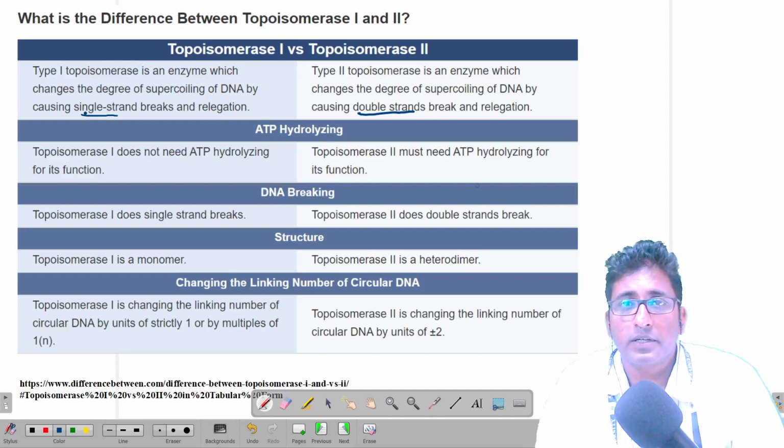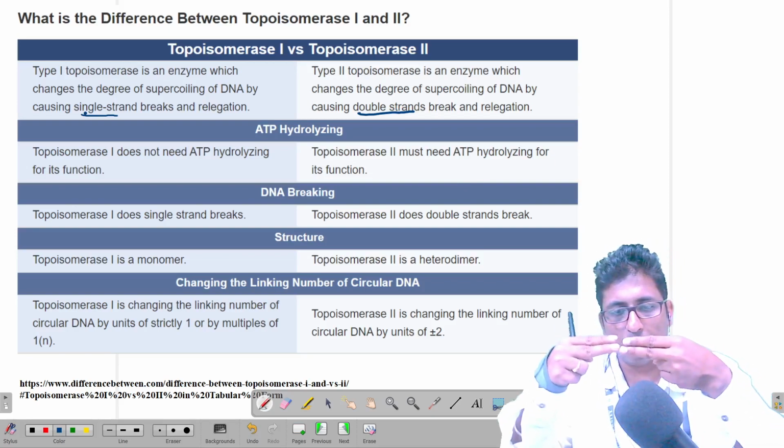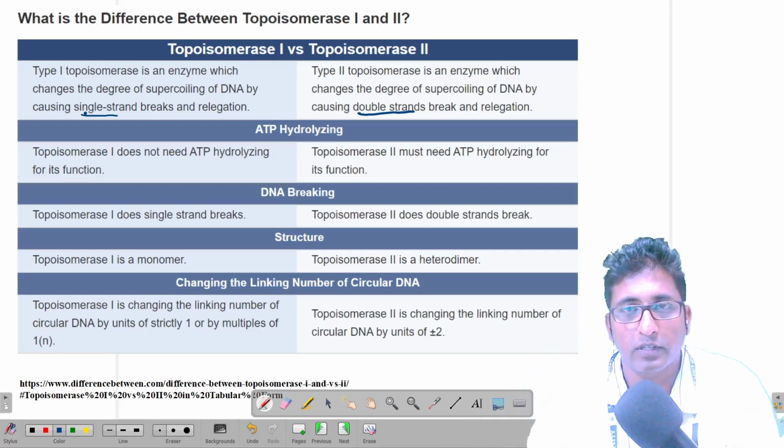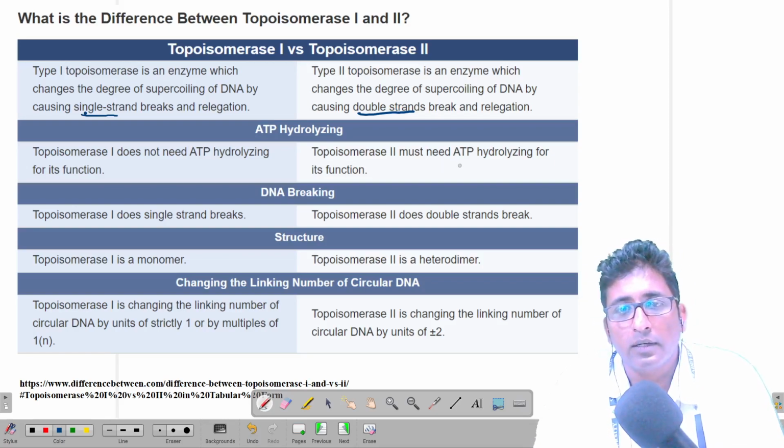And topoisomerase 1 does not require any energy. When they break the phosphate backbone, they use the same energy to seal it up. They're conservative in that matter. Whereas topoisomerase 2 requires ATP for its functions.